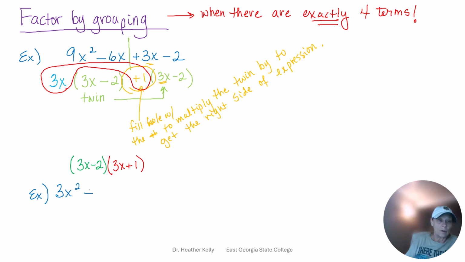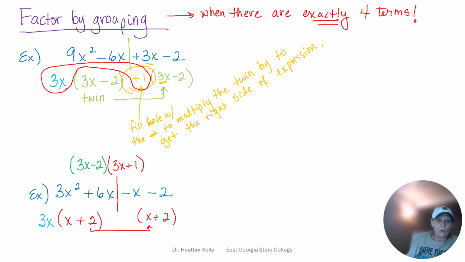3x squared plus 6x minus x minus 2. Again, you take a look, you're like, oh gosh, this is 4 pieces. I get to split it down the middle. I love it when it's 4 pieces. Makes life so much easier. What can we take out of the left-hand side here? It happens that we can take a 3x out. If we take 3x out, we're left with x plus 2 as our twin. And notice I'm going to write that down again.